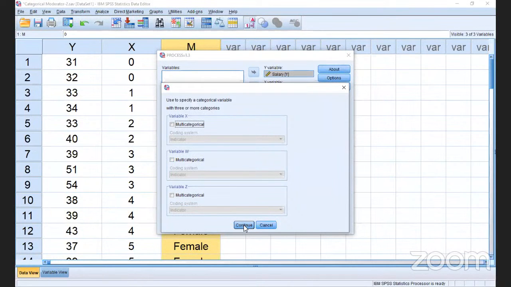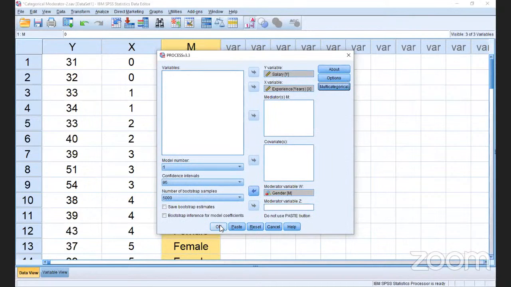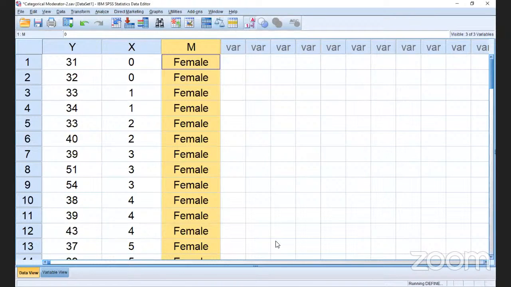So I do not need to use it, and then okay. After okay, we will see the output. So I'm just stopping sharing this slide and showing you the output. This is the output, you can see the output.